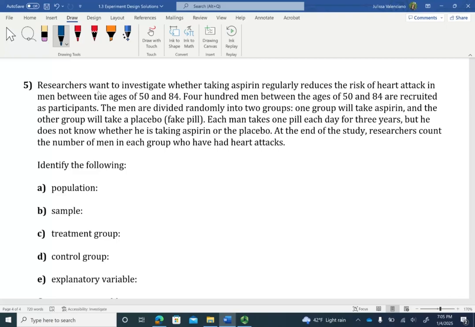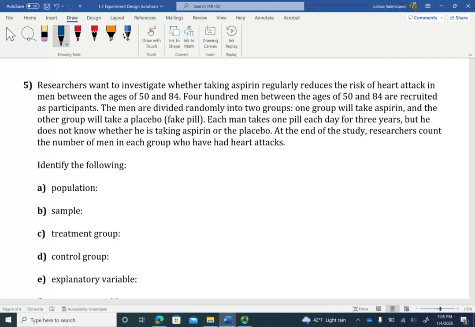Researchers want to investigate whether taking aspirin regularly reduces the risk of heart attack in men between ages of 50 and 84. 400 men between the age of 50 and 84 are recruited as participants. The men are randomly divided into two groups. One group will take aspirin.